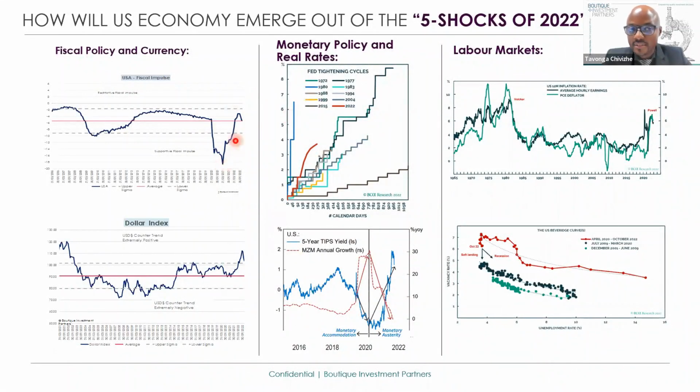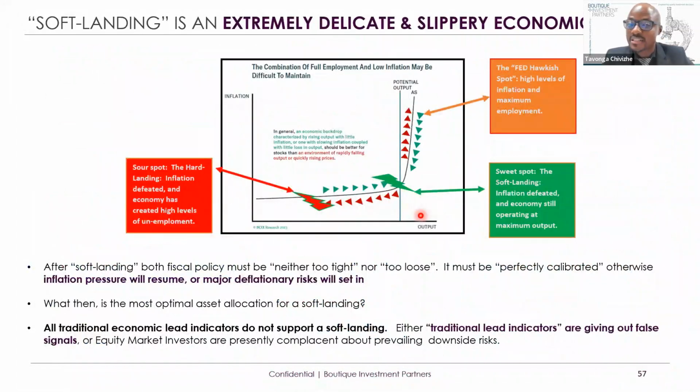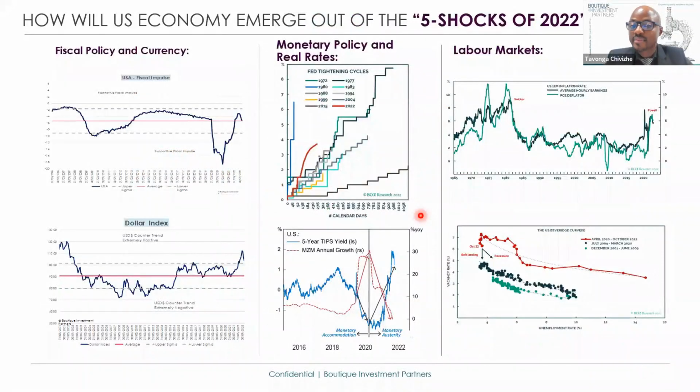So you've got aggressive removal of fiscal support, aggressive attacks by the dollar, aggressive attacks by the Fed, aggressive increase in real interest rates from pretty much negative all the way to 2%, which historically causes a recession, and then an aggressive hike in labor costs. So to think that an economy gets punched 5 times, and then after being punched 5 times, it lands softly, I just think it's over-optimism. There's a lot of complacency in the equity market, and this pretty much justifies why we think we should be where we are.